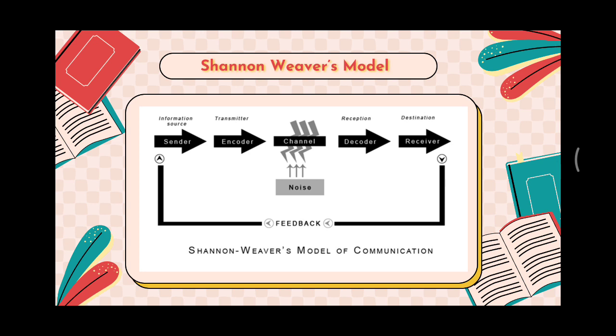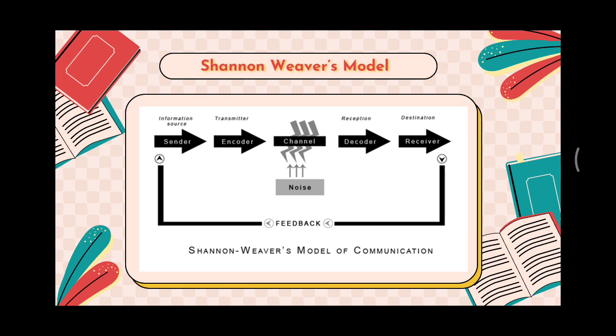Aside from that, there is noise between the channel. The noise can be internal or external. It's internal if you listen to something and you are preoccupied. You have other things to think about, so you were not able to receive the message as it should be.